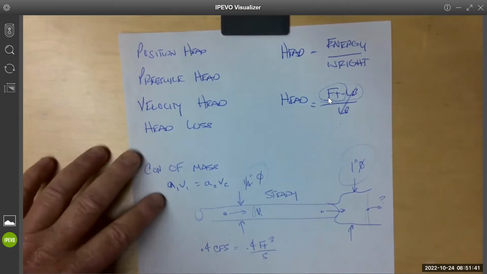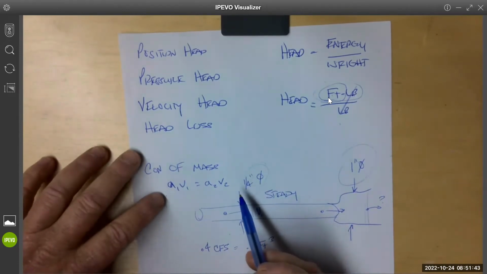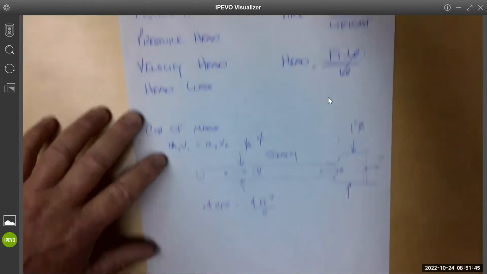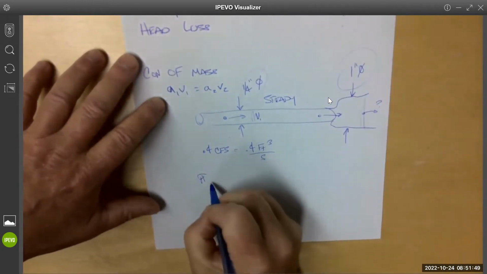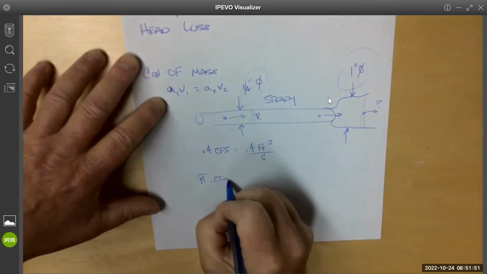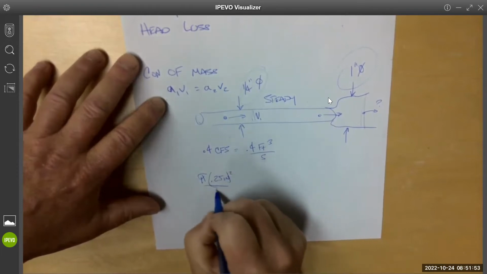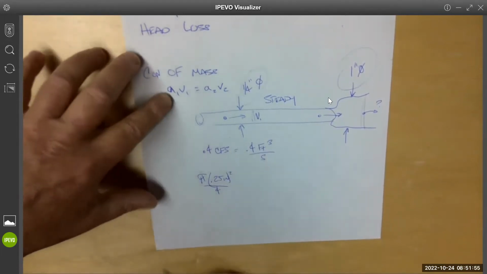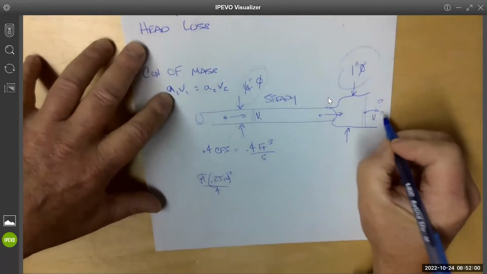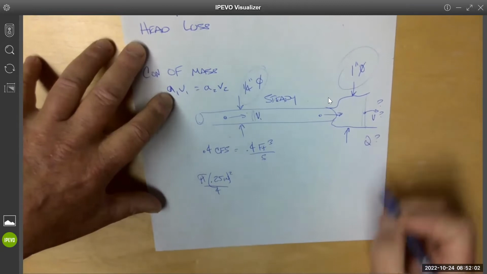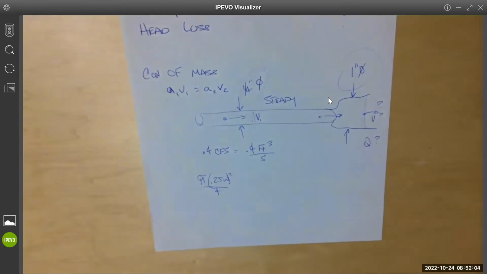So area 1 from the 1/4 inch is going to be, I'll use pi times 0.25 inches squared over 4. That's area 1. That's this area. So the question here would be, what's the velocity or what's the flow rate, right? Either one could be asked at this position 2.